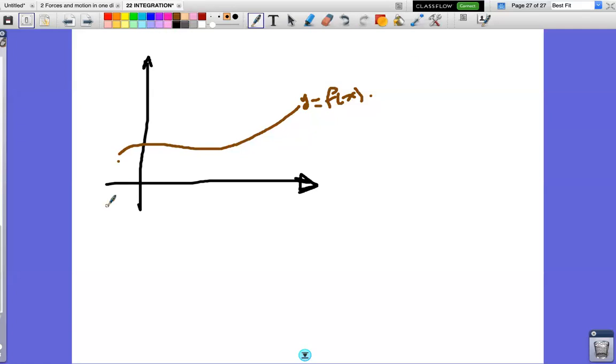Then when rotated, we can sketch it to look something like this. So it will form this figure.